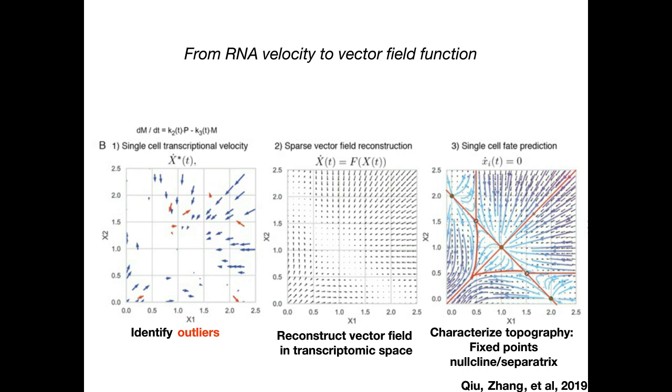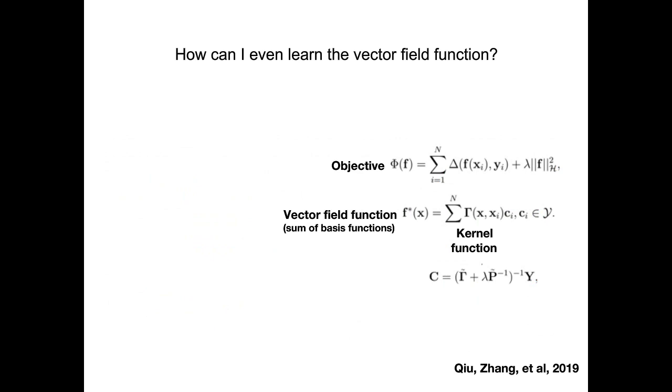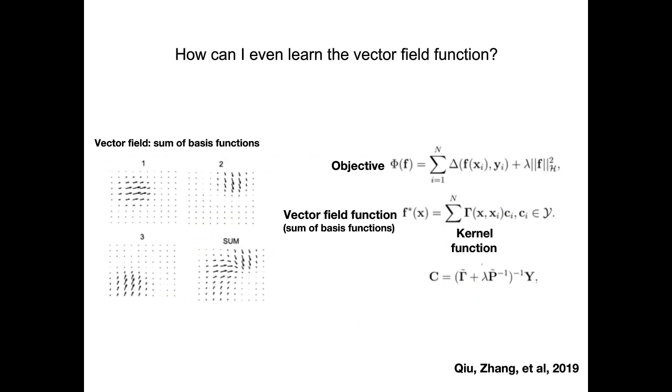Also, our vector field reconstruction method is very efficient. We can work on thousands of dimensions and also tens of thousands of cells. After the vector field reconstruction, we can then try to characterize the vector field. I'm not going into too much detail, but the idea is that we want to expand the vector field into a set of basis functions.